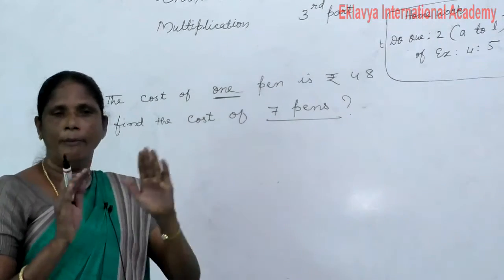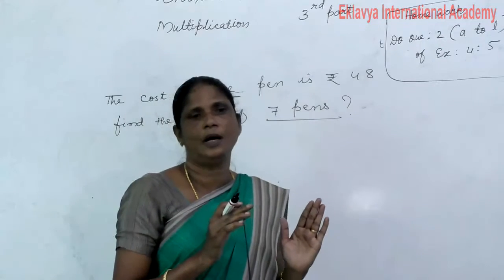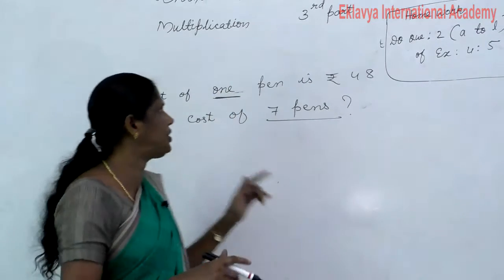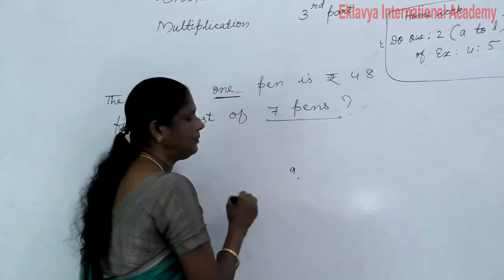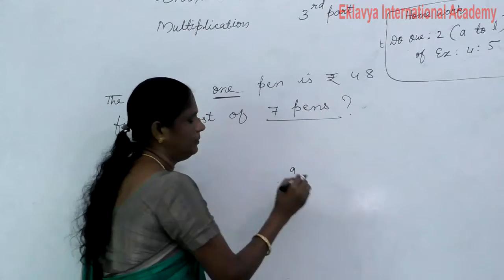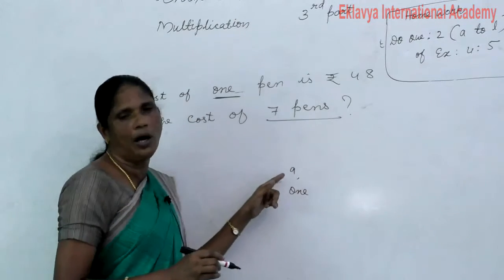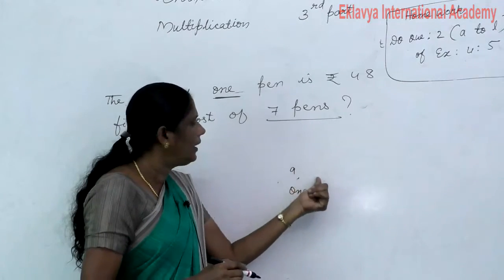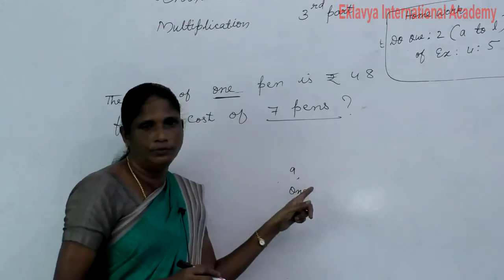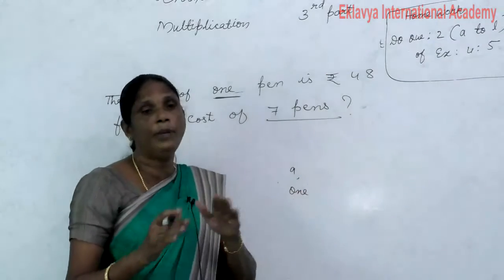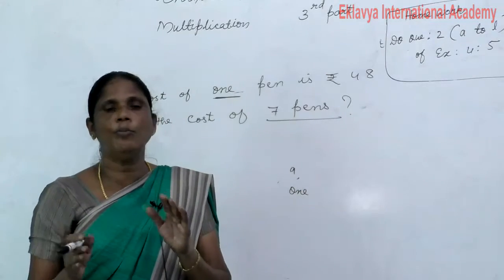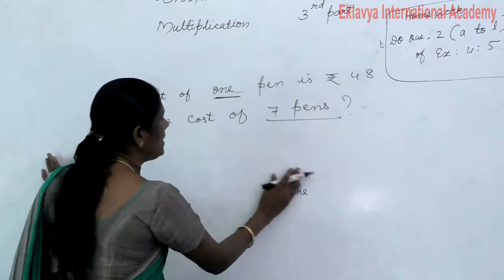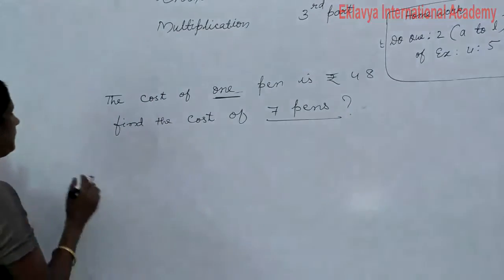This is multiplication. Understand? One given in question, a or one comes. One means a means ek. Then here these words come. One given, many find. You multiply this sum. Okay. Then what is the statement here?